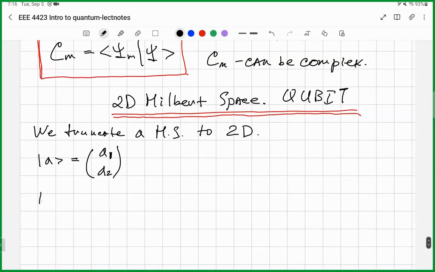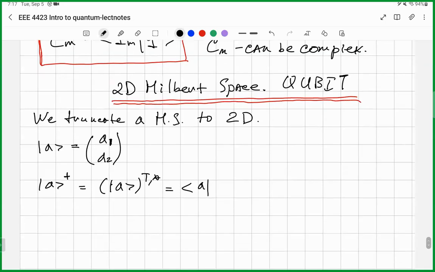If I need the bra vector, I just take the dagger of the ket, and it gives me the transposed conjugated, the bra vector A. If I consider the inner product of vector B and vector A, it is equal to A1 times B1 complex conjugated, because A and B can be complex.